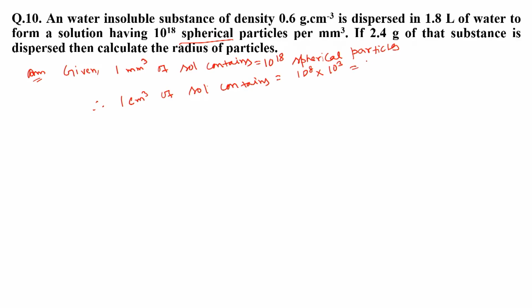So we get 10 raised to the 21 spherical particles. Why do we need to convert millimeter cube to centimeter cube? Because the density is given in gram per centimeter cube here.